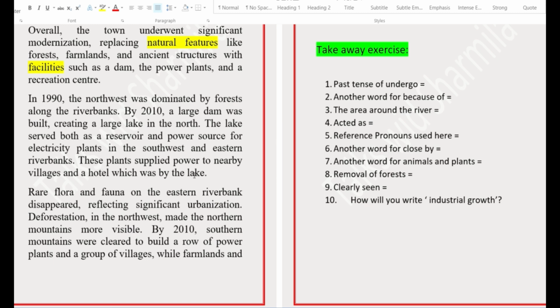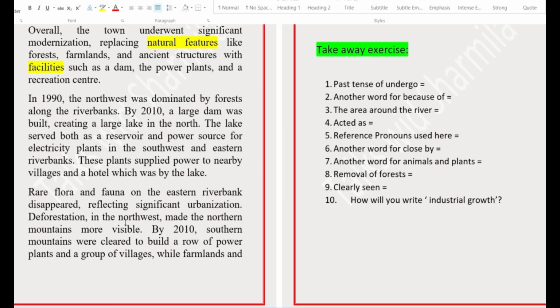Now the last paragraph, we are speaking about the rare animals and plants. So it is: rare flora and fauna on the eastern river bank disappeared, reflecting significant urbanization.